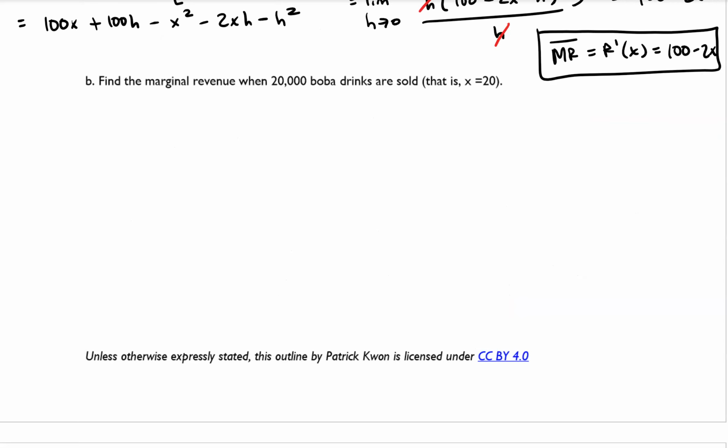Find the marginal revenue when 20,000 boba drinks are sold. That's another way of saying when x is equal to 20. So we are basically calculating r prime of 20. Remember, r prime of x is the derivative function.